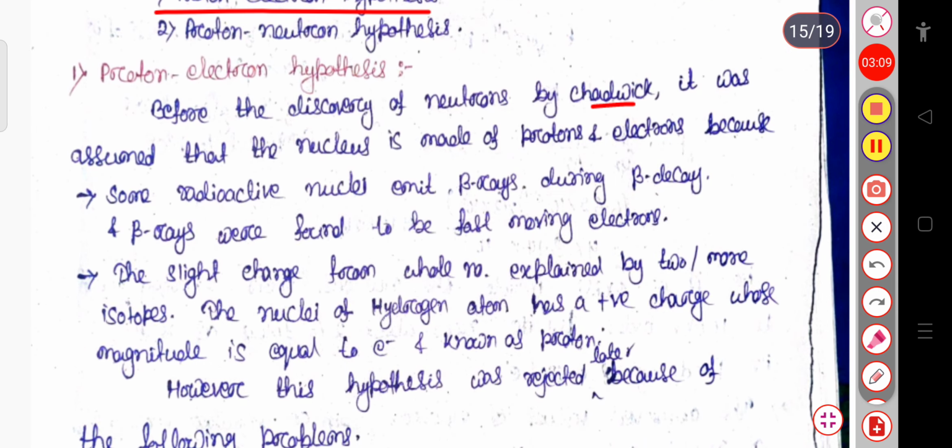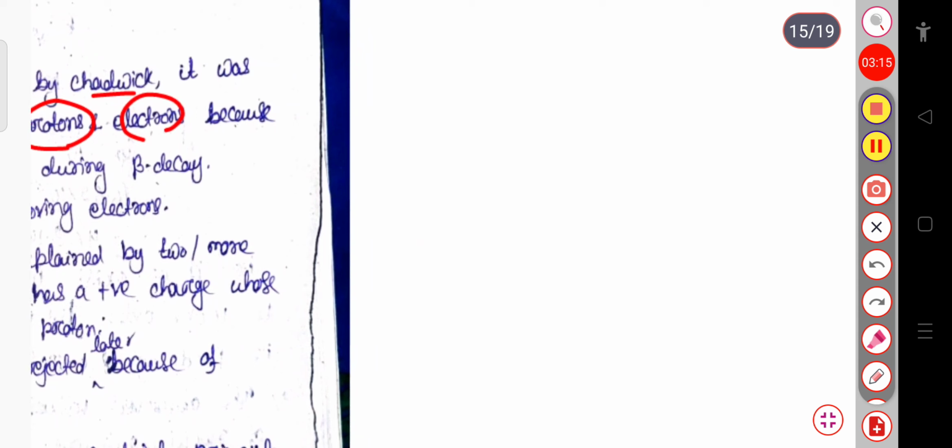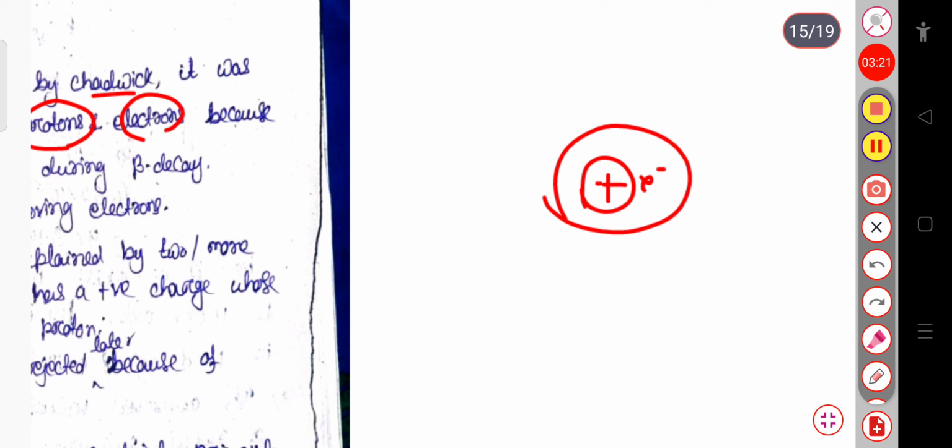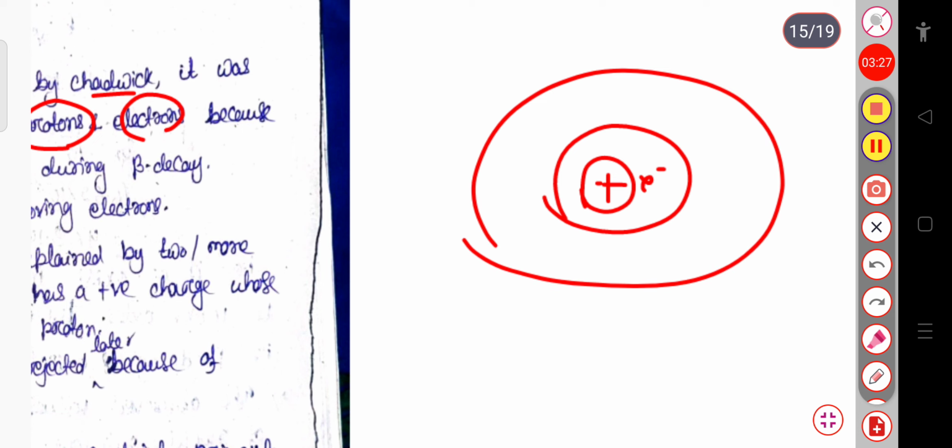It was assumed that the nucleus is made up of protons and electrons. That is, some protons as well as some electrons make up the nucleus, and some of the electrons also lie in the outer part of the nucleus, so that the total atom is neutral in nature.